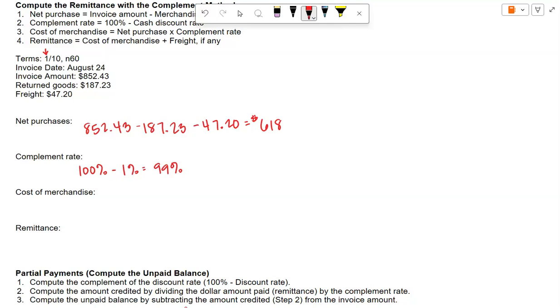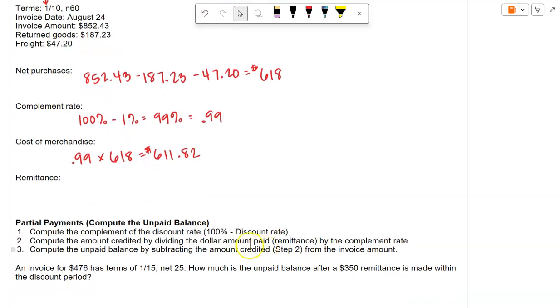So my cost of my merchandise, and remember that 99% is equivalent to 0.99. So that's 0.99 times my net purchases amount, which gives me $611.82. Okay, so that's the cost of the goods that I purchased.